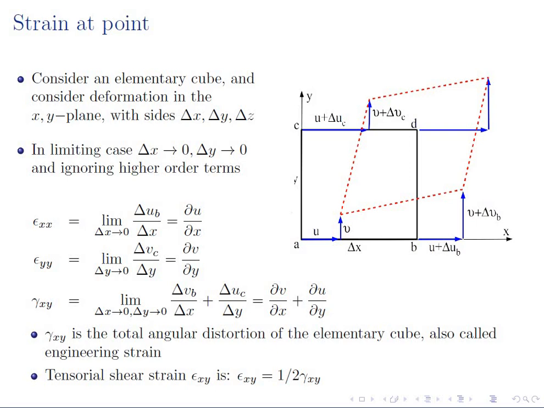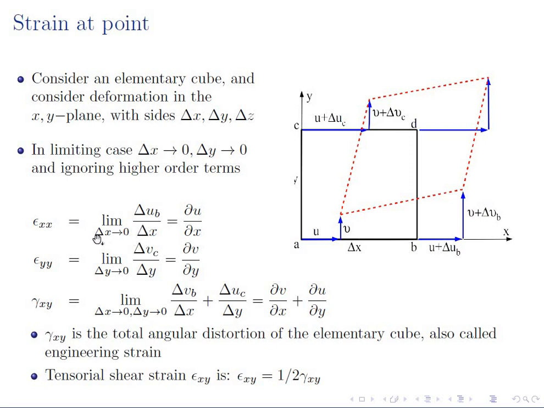And let's say the sides of this cube are delta x, delta y, and delta z in the z direction. In the limiting case that delta x and delta y tend to 0, strain in the x direction is defined as the change in the length of the segment AB divided by the original length of the segment AB. That is, the change in length of the segment AB is delta ub, and the original length of the segment AB is delta x.